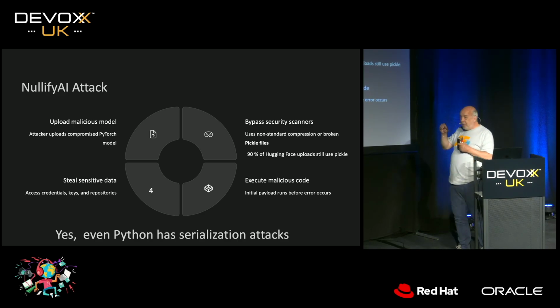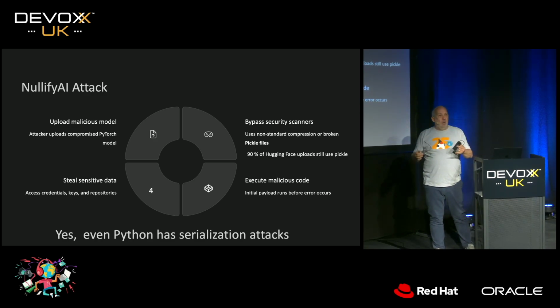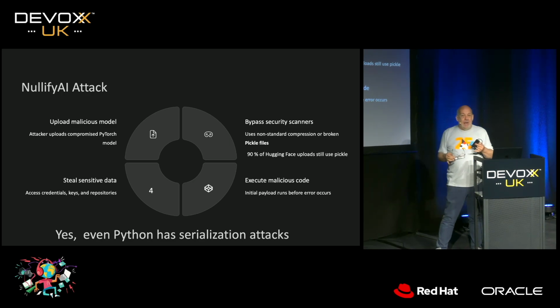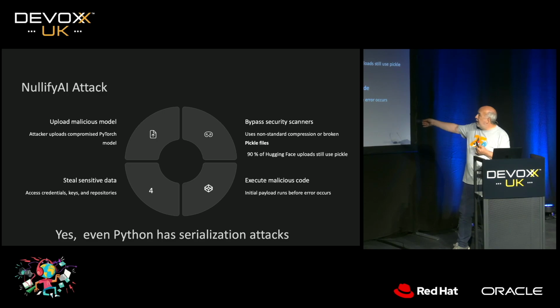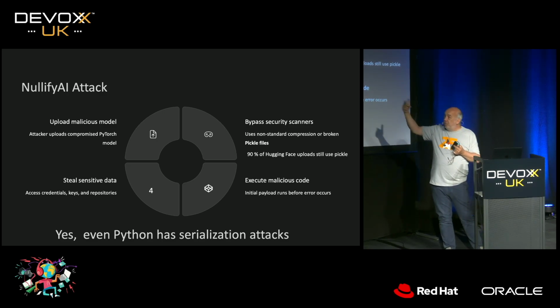And then, back to Python, you may not realize that 90% of Hugging Face uploads use Pickle. Pickle is the serialization format for Python. It doesn't have the same vulnerabilities as Java, but it has its own issues. There are examples of people uploading models with compromised pickle format objects.